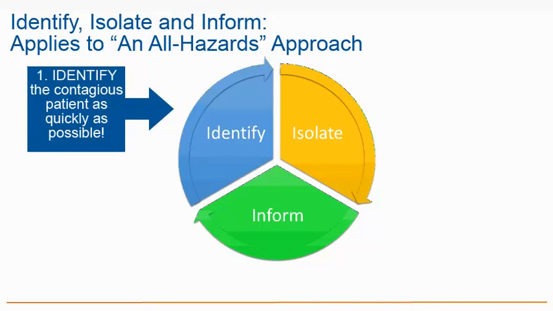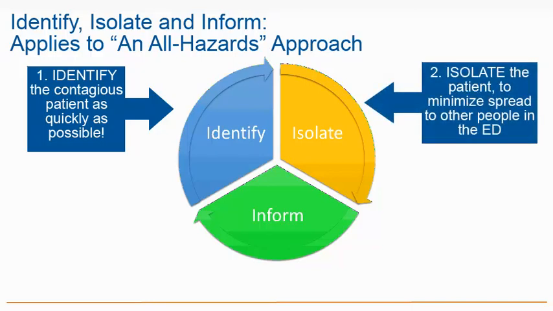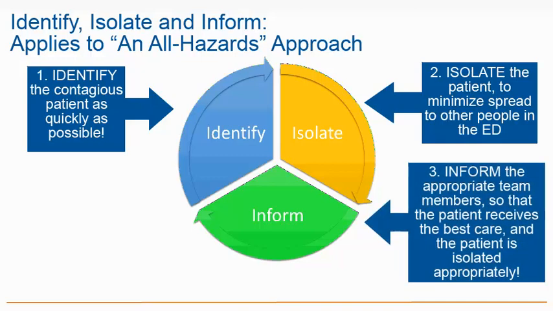First, identify. If you ask the right questions in triage, you can identify the contagious patient as quickly as possible. Second, isolate. If you isolate the patient, you will minimize spread to other people, including yourself. And third, inform.